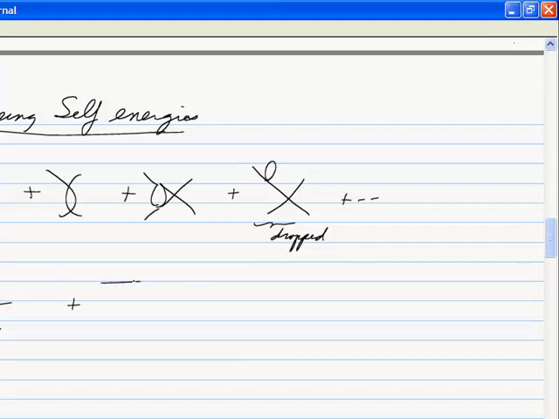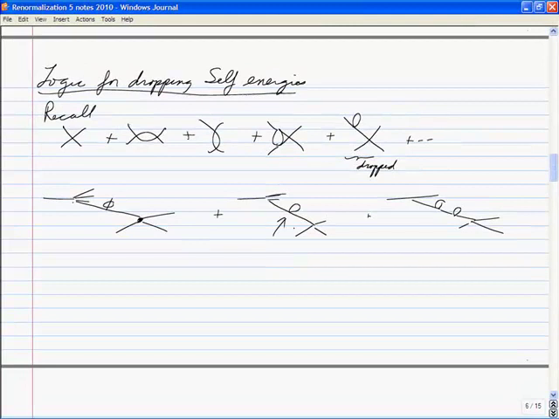That process includes all these diagrams. In producing it, the net effect of all these diagrams just produces the physical mass.